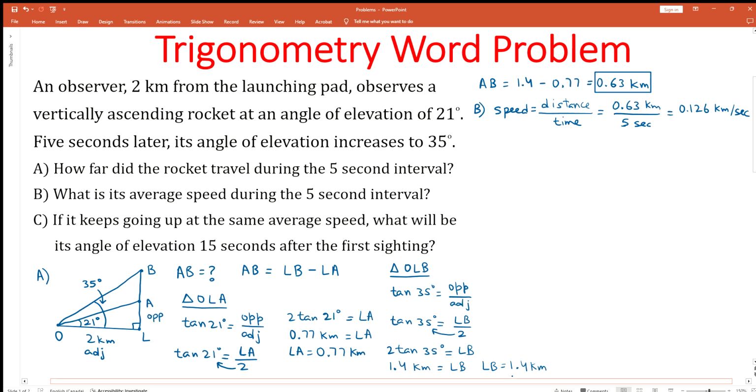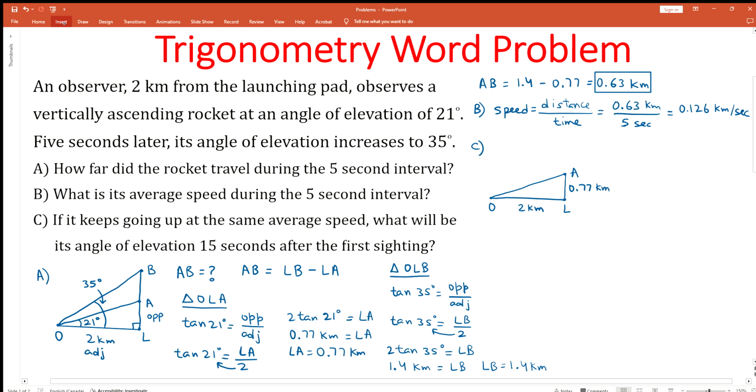Now we can answer part C. If it keeps going up at the same average speed, what will be its angle of elevation 15 seconds after the first sighting? The first sighting of the rocket happened at point A. For part C, we should draw a new diagram. That's the observer, that's the launching pad, and that's point A. The distance from L to A is 0.77 kilometers.